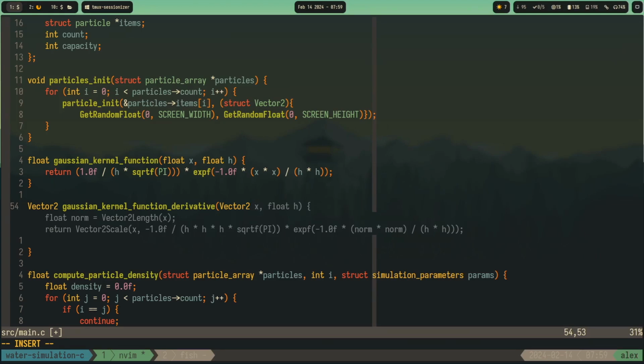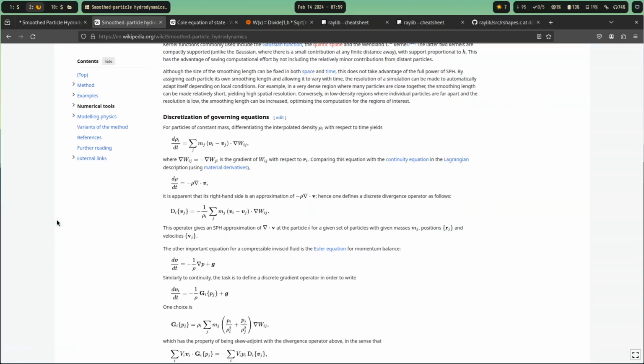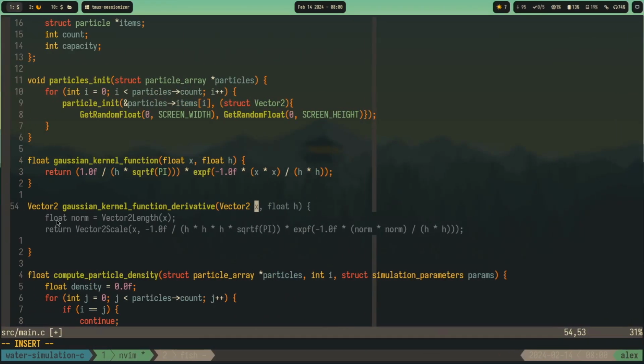Nice. Okay, so let's say x is a vector in this case, right?